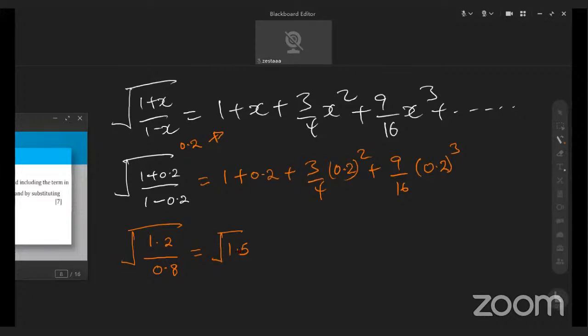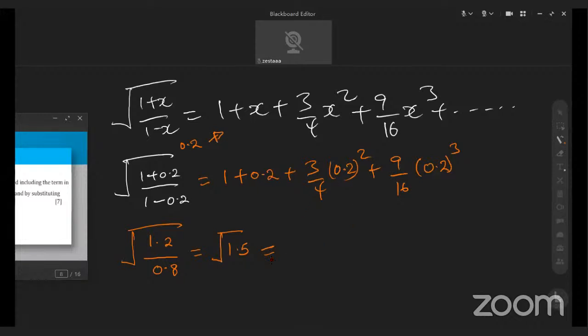I hope we are still working together. Divide 1.2 by 0.8, sorry, 1.5. So this will be equivalent to, you do the substitution here and you get your result. Whatever result that you get there will be our final answer.